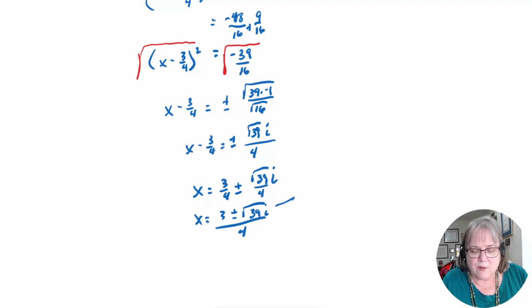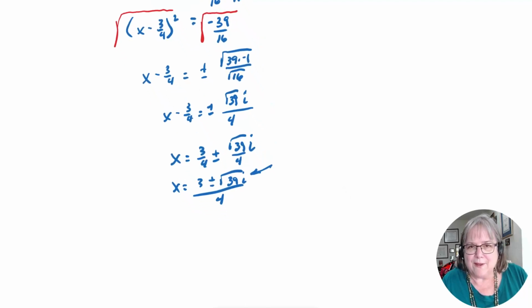Now, I want you to look right here because I've intentionally written it even a little bit more messy than what I'm normally doing. Keep in mind that this is the square root of 39 and i has been pulled out, okay? It should not be up to the teacher to decide if that i is under the square root or not, okay?